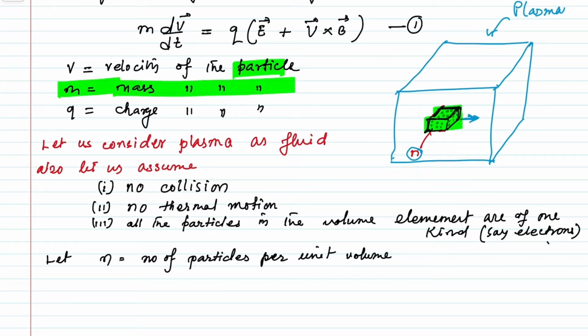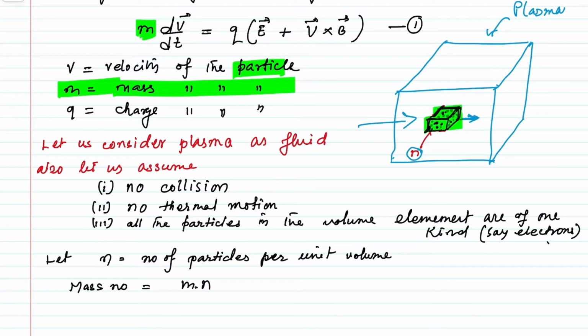If m is the mass of each particle, and the volume element contains n number of particles, then the mass is given by m into n.